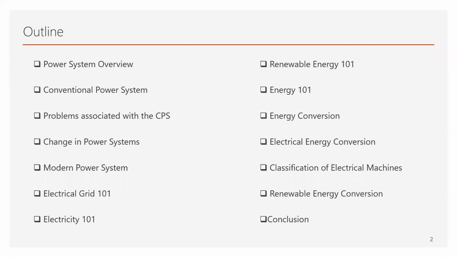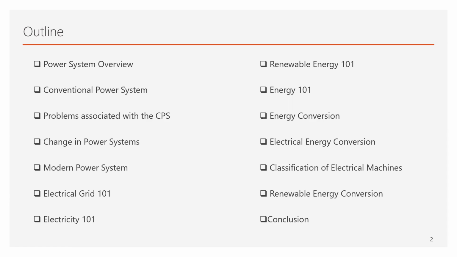So for today's lecture, these are the outlines. We'll talk about the power system overview, the conventional power system, and the problems associated with the conventional power system, the change that is happening right now in our conventional power system. So what is a modern power system?